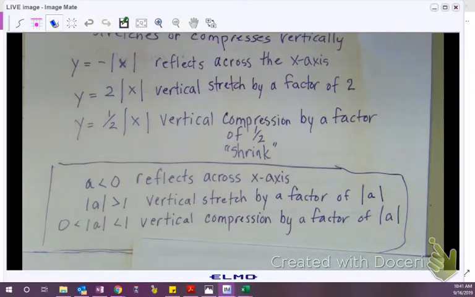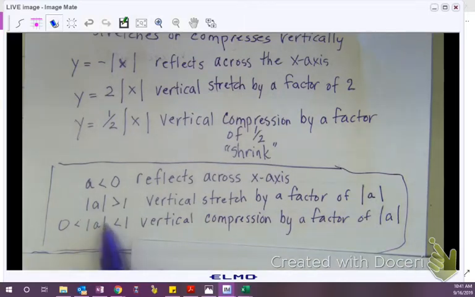So A is negative, reflects across the x-axis. If the value of A is greater than 1, it's a vertical stretch by a factor of that value.